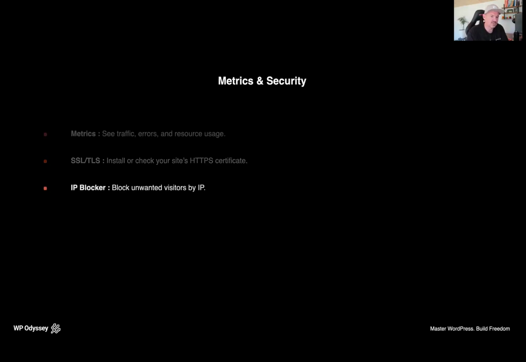IP blocker: block unwanted visitors by IP. Great that you can do that, but this is where Cloudflare is so much more powerful. Just think of it: let's say this is your server, and someone's trying to access it, really nasty users. Your server has to deal with that request.